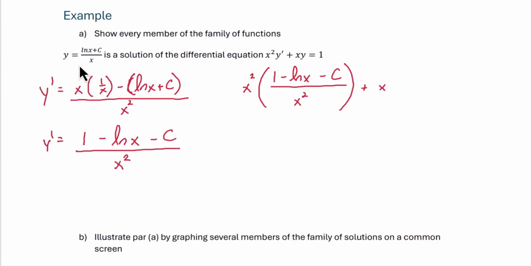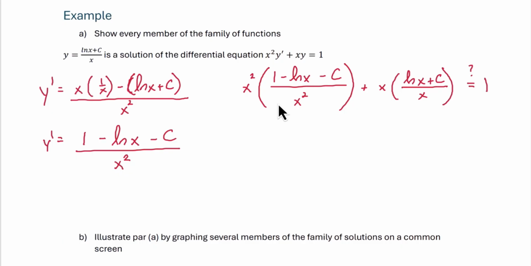Y is the initial equation that we were given, ln x plus c divided by x. And we're trying to prove that this is 1. We want it to be 1 if this is indeed a solution.